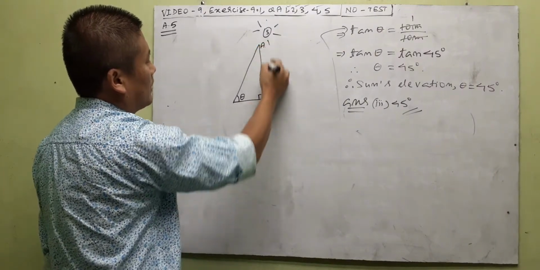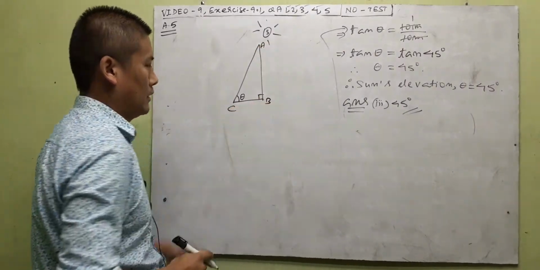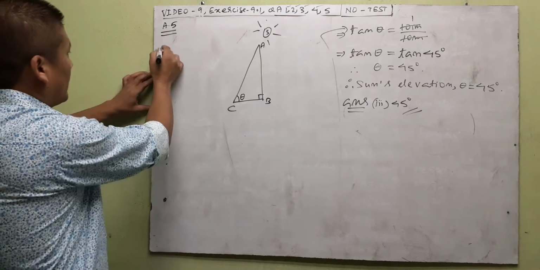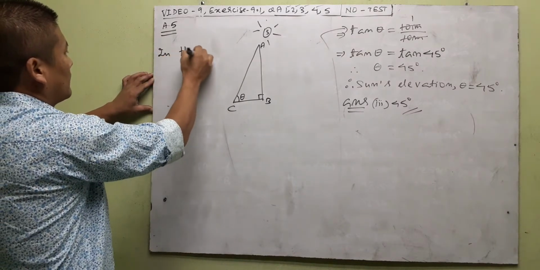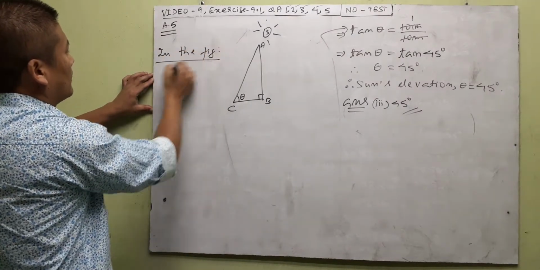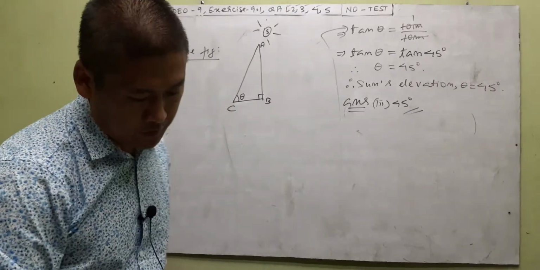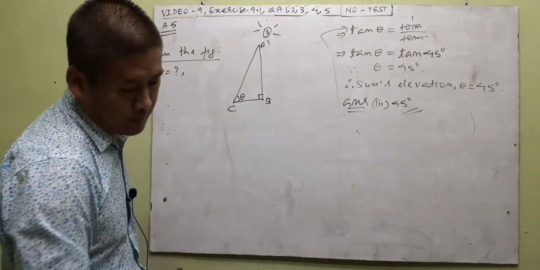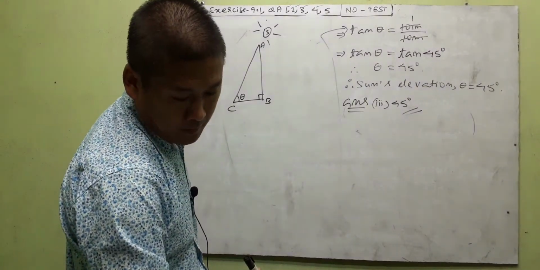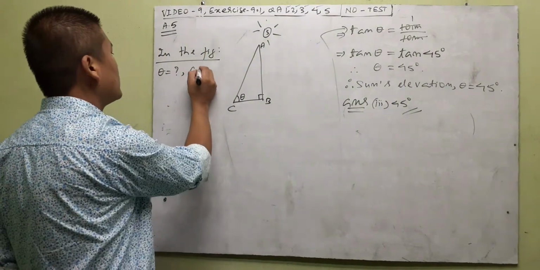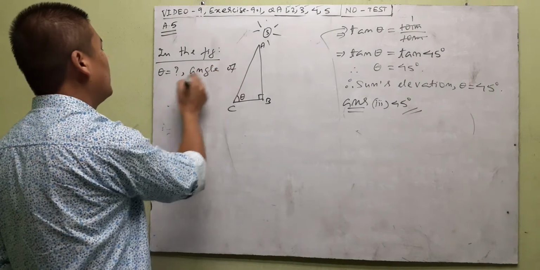So let us say the tower is ABC. So with this here in the figure, theta is question mark still, the elevation of the sun. They are simply mentioning angle of elevation.